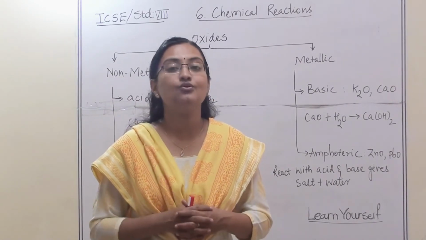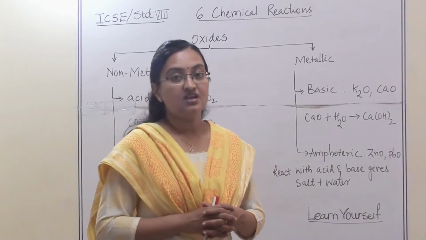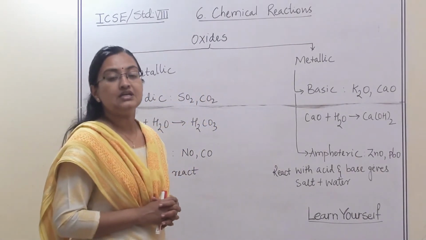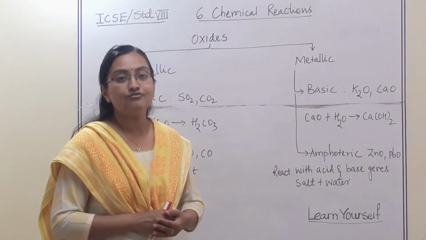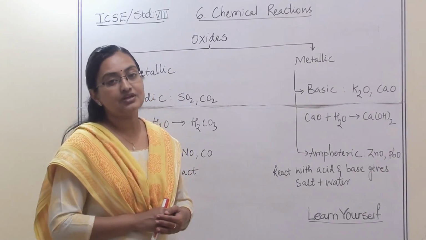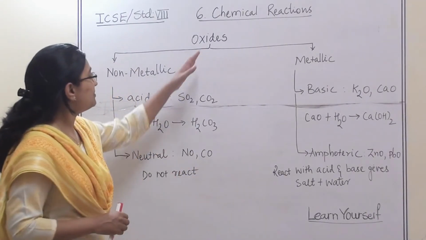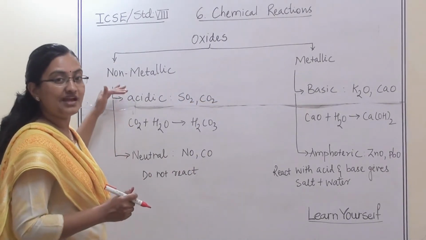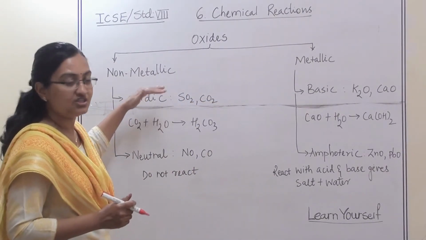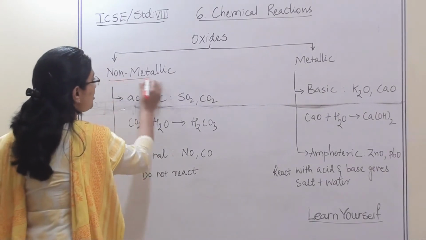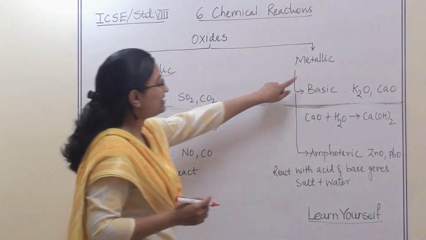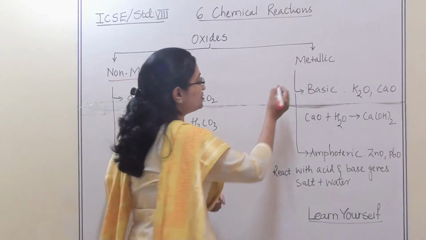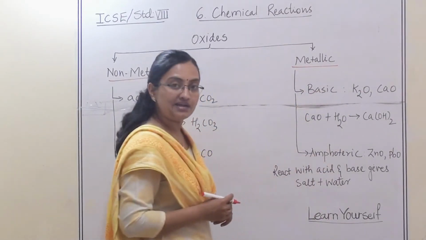So they are known as oxides. Now we have to learn the nature of these oxides. There are basically 2 types of oxides. When a non-metal reacts with oxygen, it forms a non-metallic oxide. When a metal reacts with oxygen, it forms a metallic oxide.